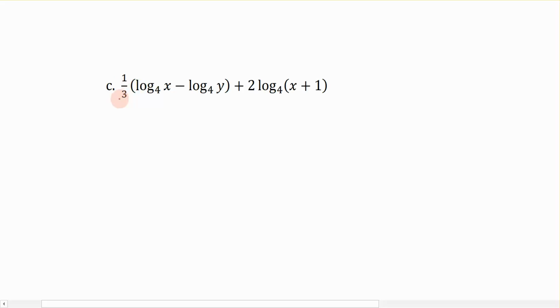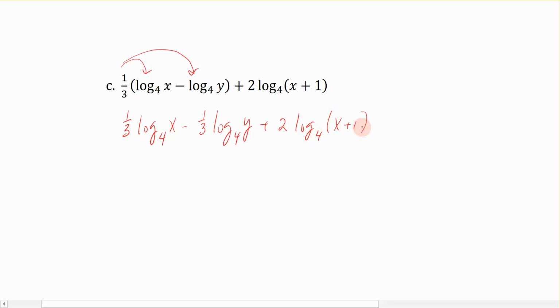So we're going to use just the distributive property to take 1/3, get rid of the parentheses here, and then rewrite what we've got. So this is going to be 1/3 log base 4 of x minus 1/3 log base 4 of y. That removed the parentheses there, plus 2 log base 4 of x plus 1.